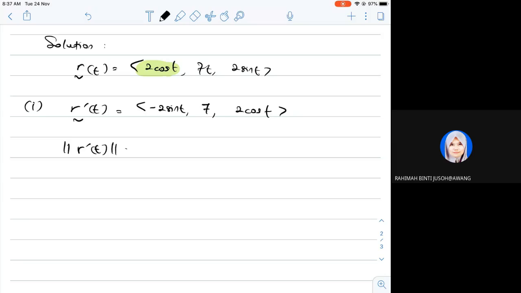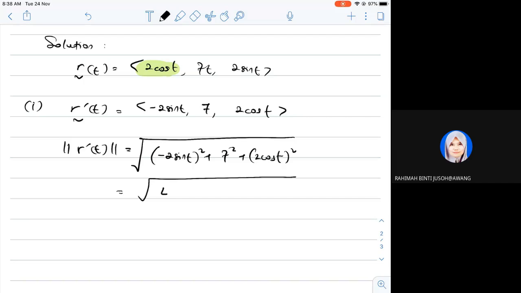The magnitude of r prime t is equivalent to the square root of the summation of the squares of all terms. So negative 2 sin t squared plus 7 squared plus 2 cos t squared. From here we will have 4 sine squared t plus 49 plus 4 cos squared t.